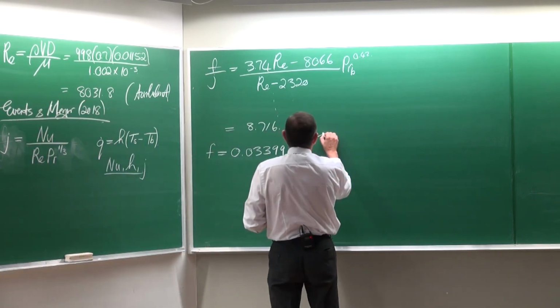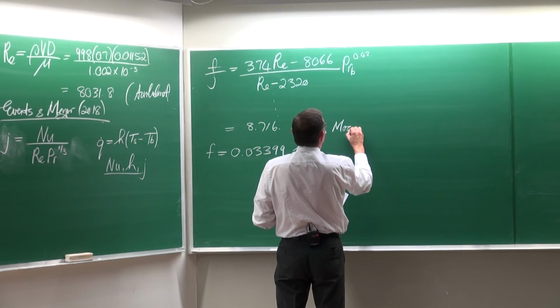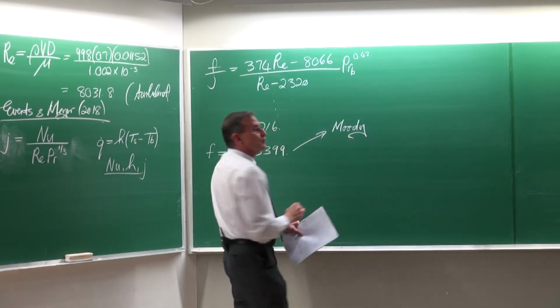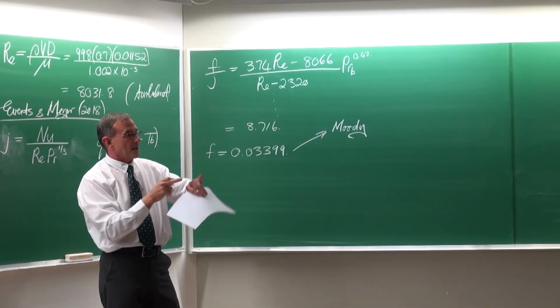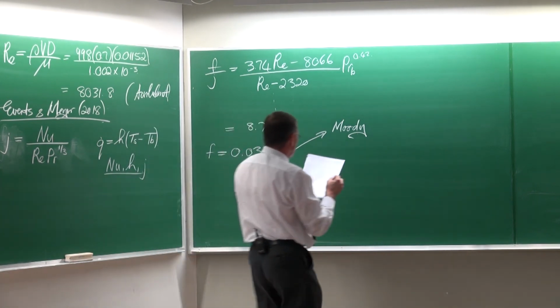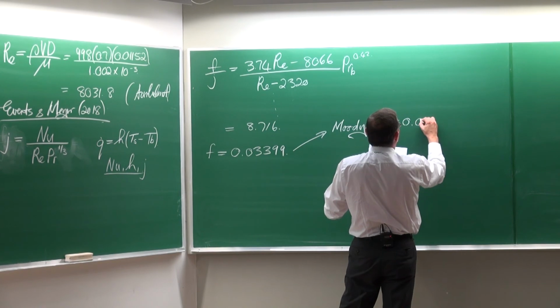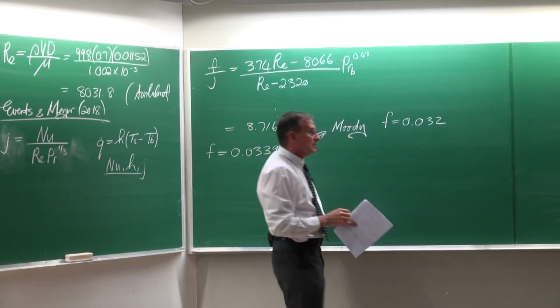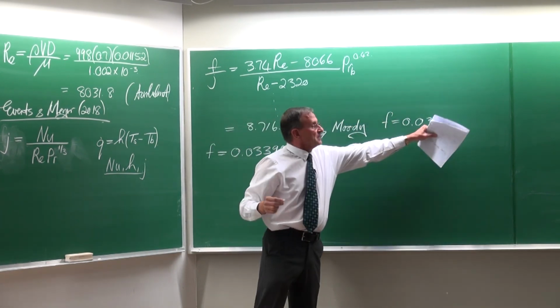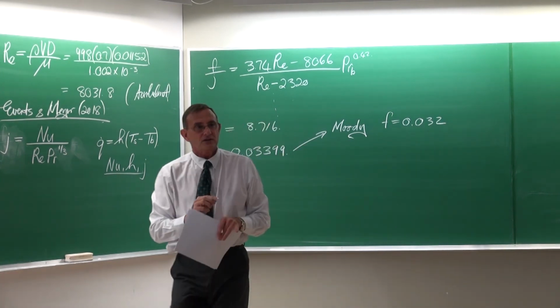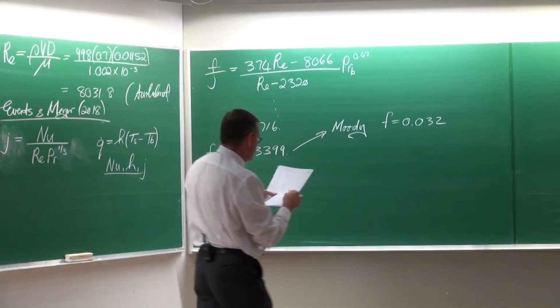And to check that, there are three methods that you can go and use. You can go and look on your Moody chart at the Reynolds number to get that friction factor. The Moody chart will give you approximately 0.032. Remember, you cannot really check it that accurately with the second digit, but approximately 0.032.